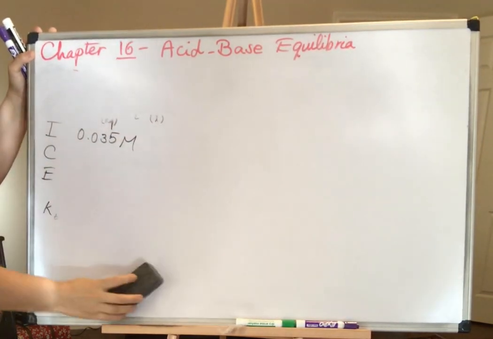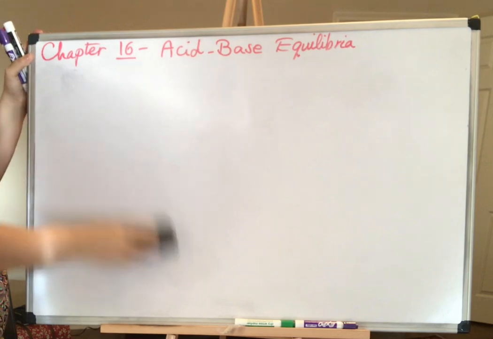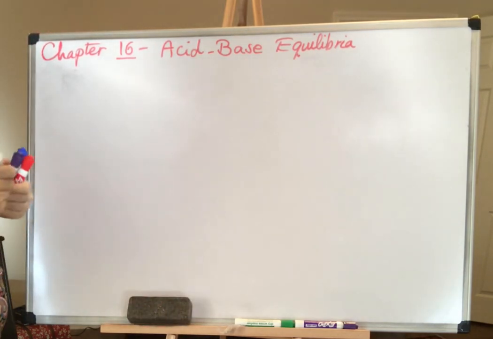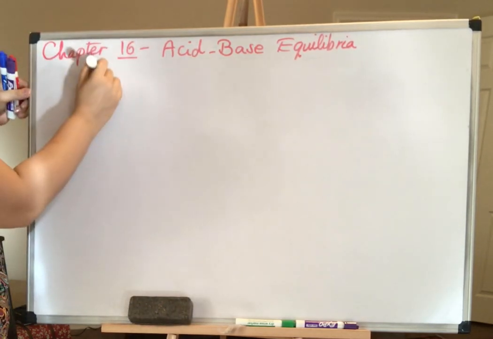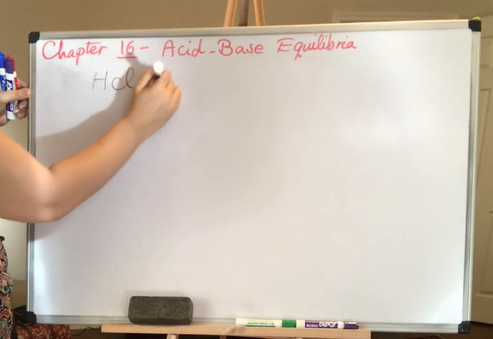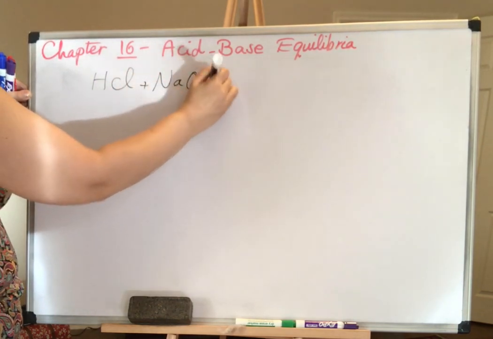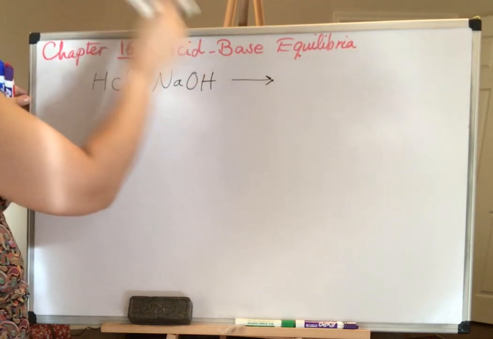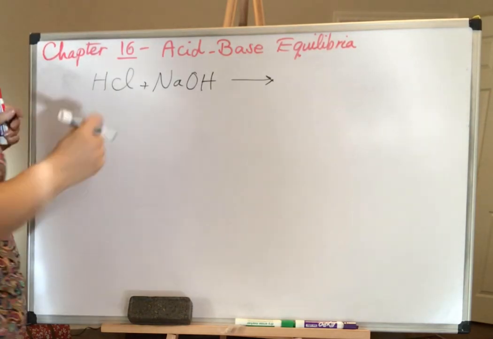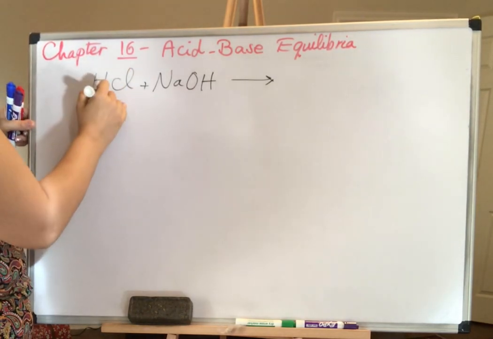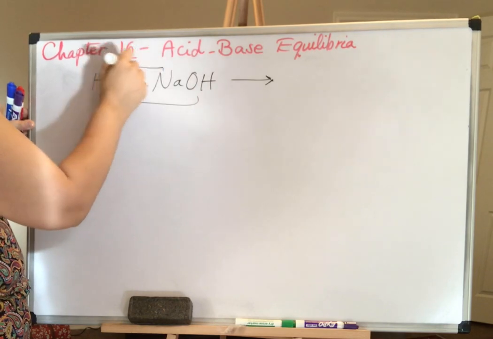The next part. Whenever you add an acid and a base, like HCl plus NaOH, you remember you had from Chem 1, you had a double displacement reaction between acid and base. So H and OH combined, and Na and Cl.